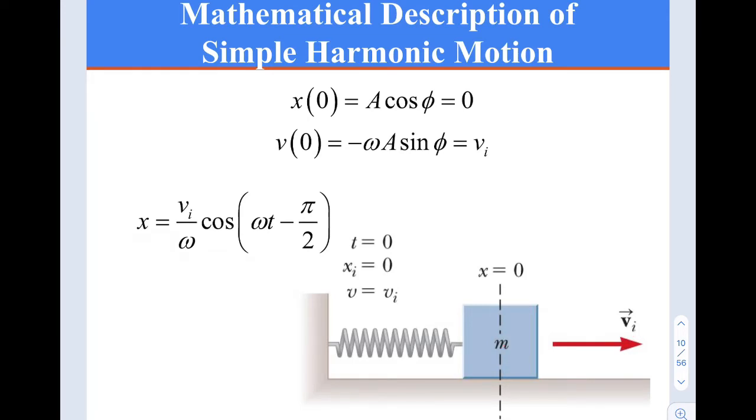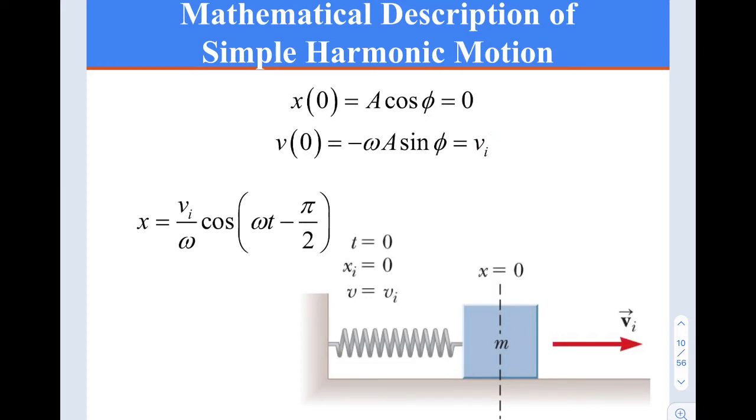At this instant, we consider t equivalent to 0, x initial equivalent to 0, and v is equivalent to v initial of the block. And for the conditions that we have before, x as a function of t at t equal to 0 must be 0, and v as a function of t at 0 must be equivalent to v initial of the motion.